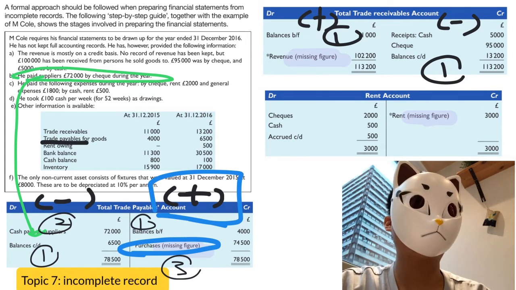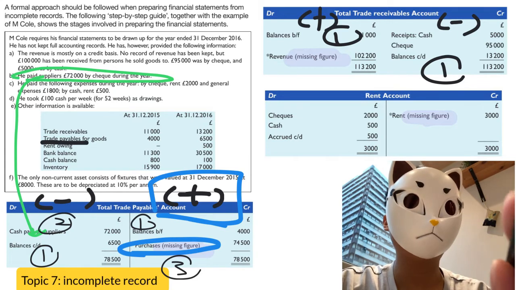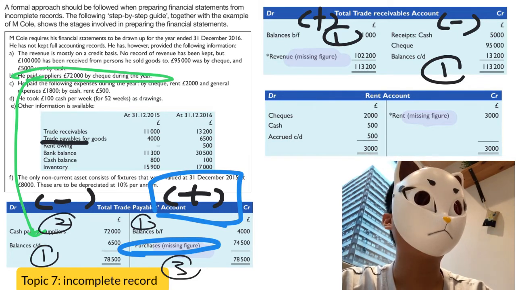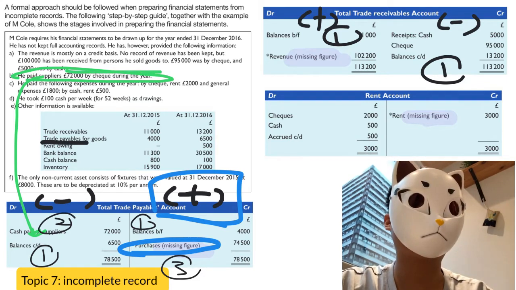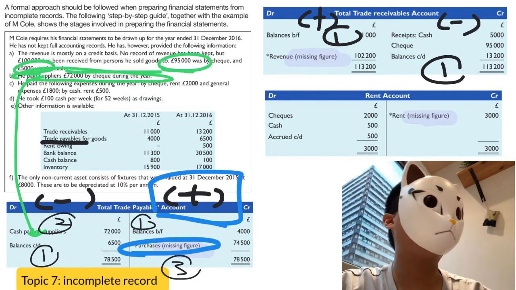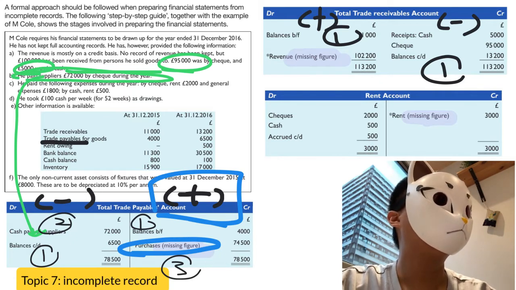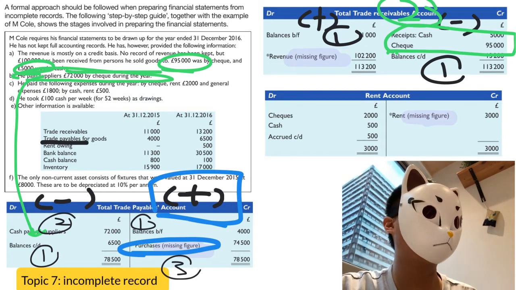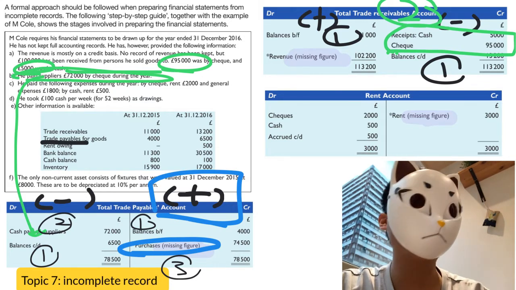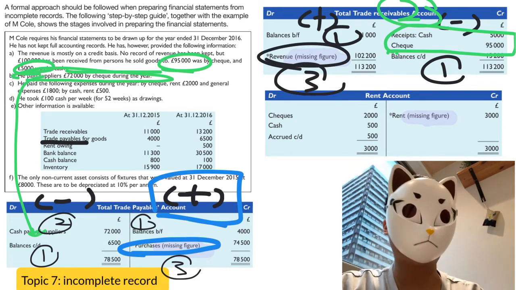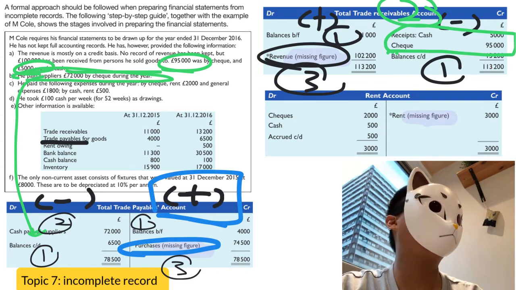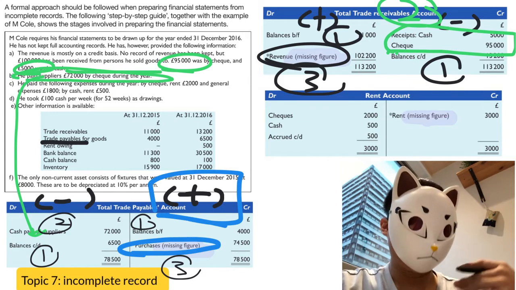So you can see right here, 5,000 by cash and 9,500 by cheque. Step 3, you can compute the missing figures. With the balance carried down, 113,200 minus this one, then you can get the missing figure. So these are the steps.